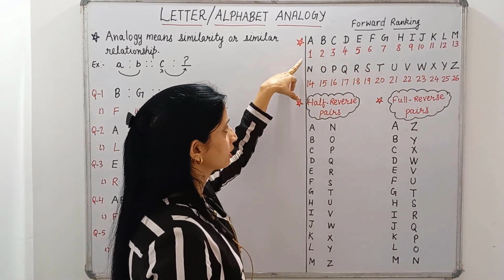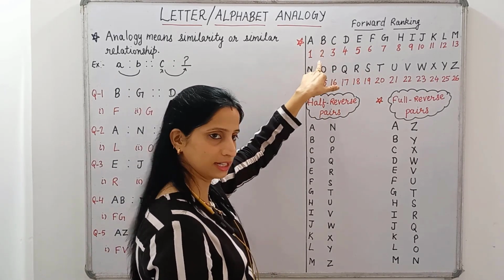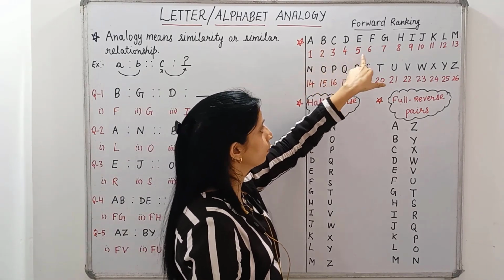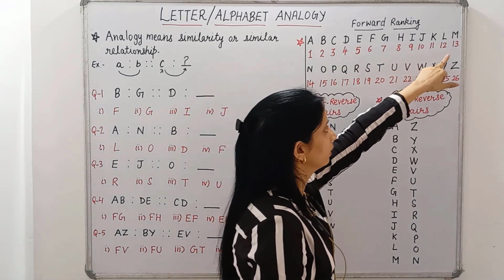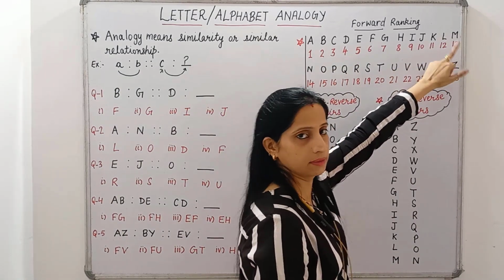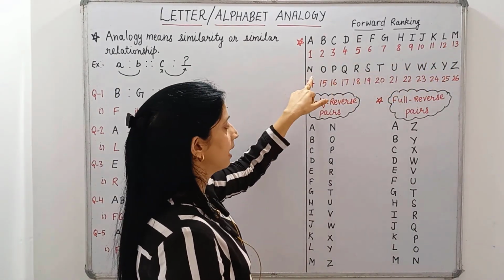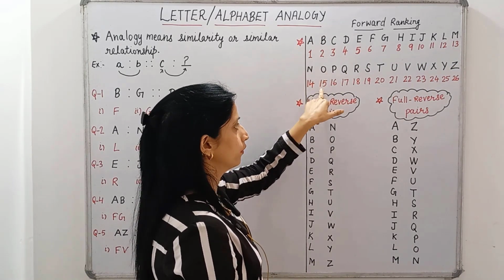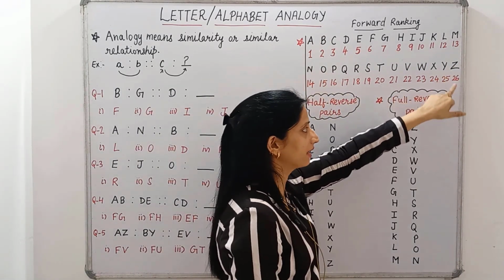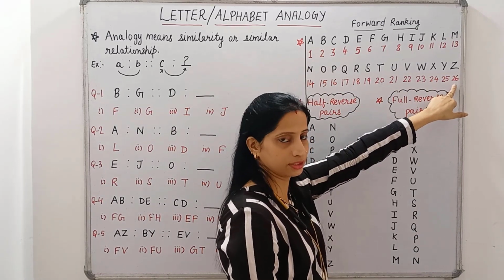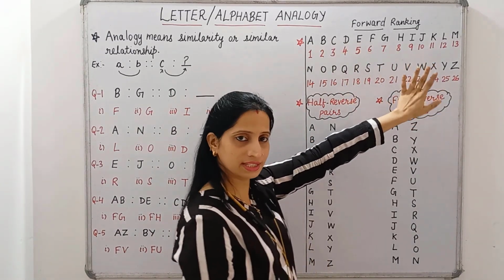So A comes at the first place 1, then B at the second place 2, I have written 3, 4, 5, 6 and so on. M comes at 13 number. Then after M, N 14, O 15 and so on. Z is at the 26th place. Okay, so this means there are 26 letters.